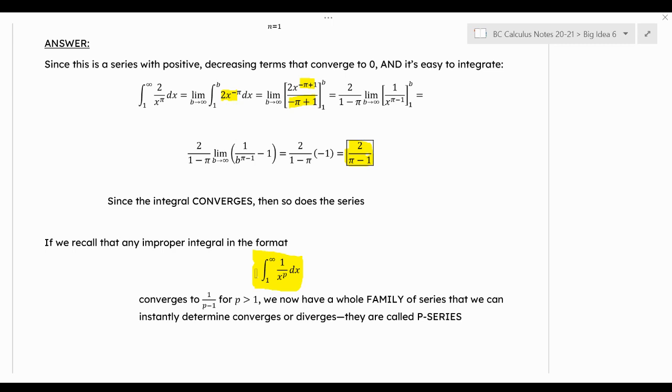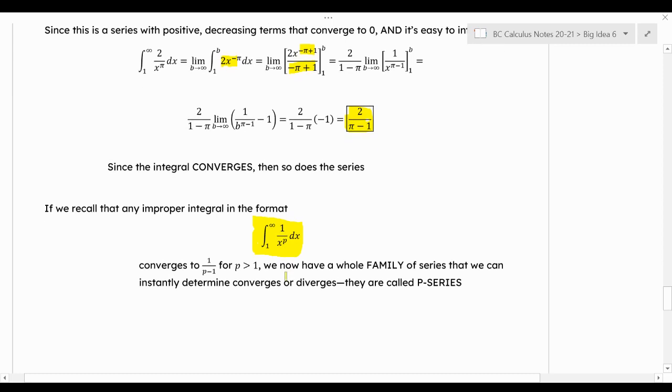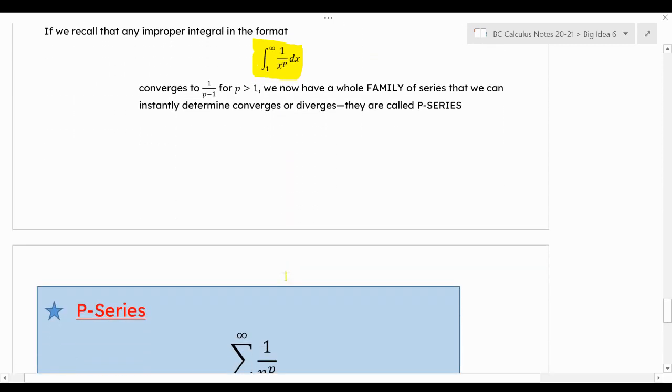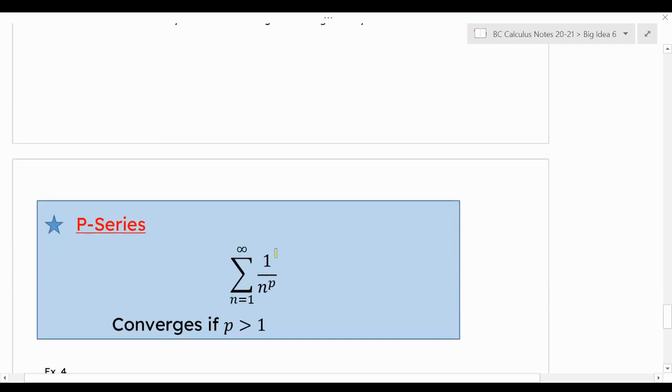But what it does is it now gives us a whole new family of series, because that integral, 1 over x to the p, from 1 to infinity, converged only when p was greater than 1. So listen, every series that looks like 1 over n to the p is going to be called a p series. And it will converge for p greater than 1. Boom, easy. Anything that looks like 1 over n to the p will converge if p is greater than 1.